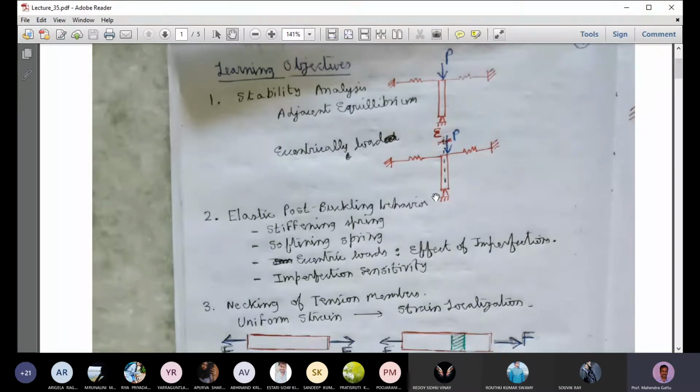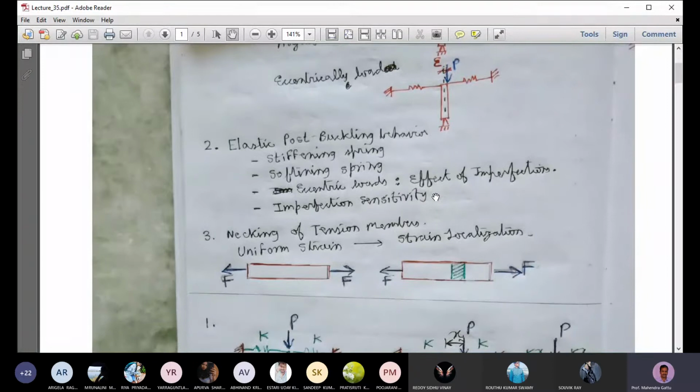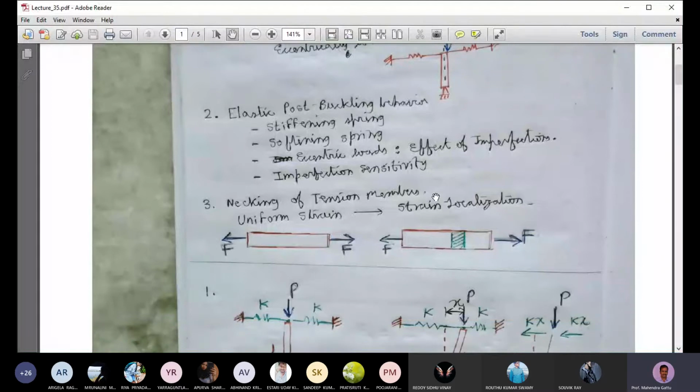There are some terms like stiffening spring, softening spring, and the effect of eccentricity, or the effect of imperfection in the column. Then I will probably explain the concept of imperfection sensitivity.